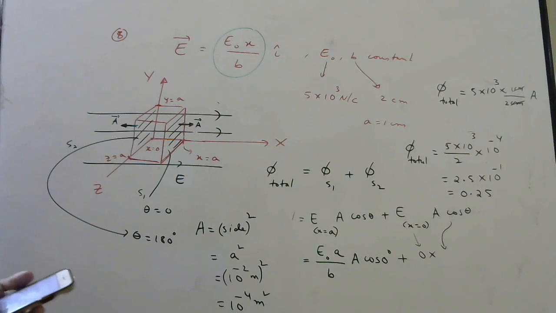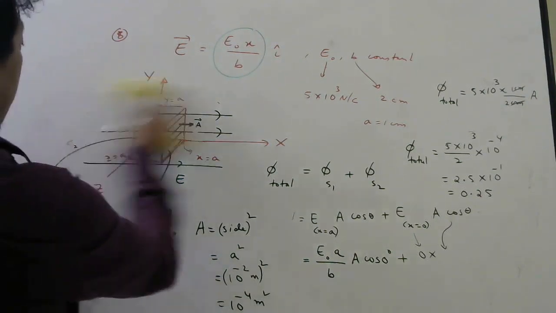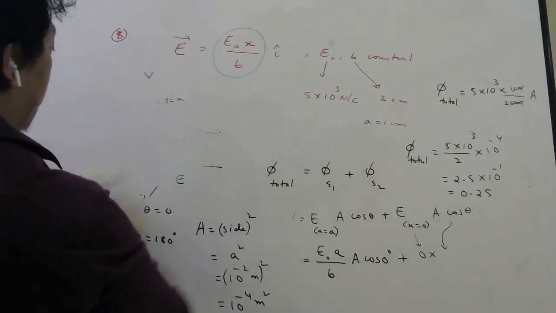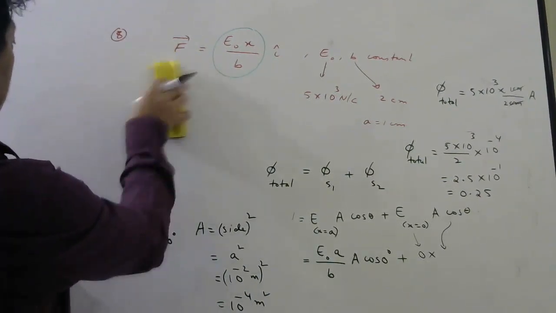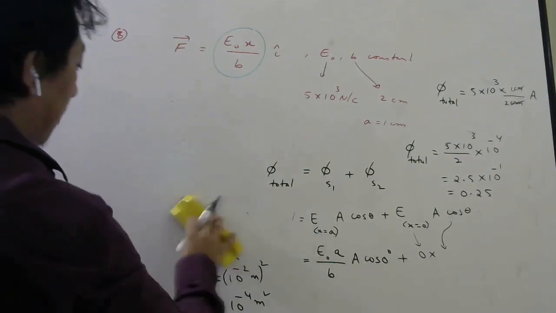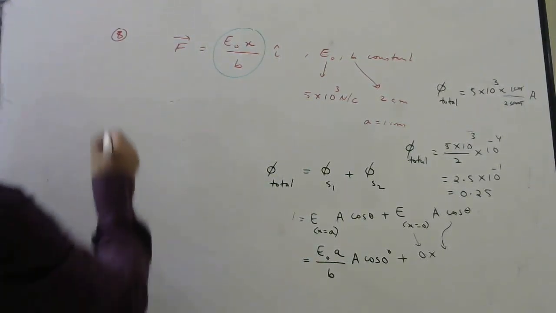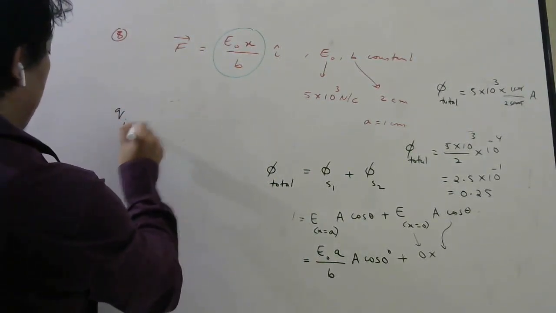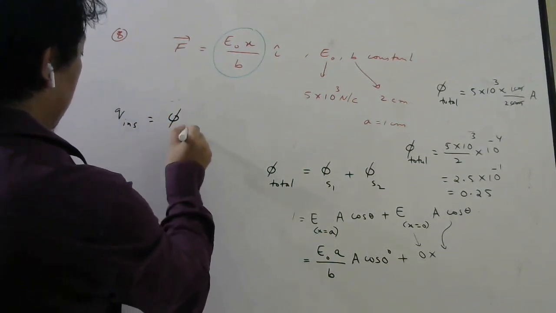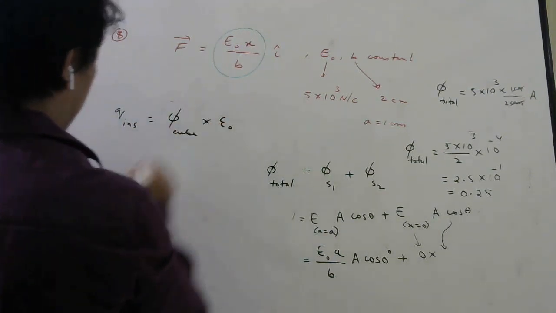The question was to find the charge contained inside the cube. So once we know the total flux through the cube, we can find the charge inside the cube by using Gauss law. So charge inside will be equal to flux through the cube into epsilon naught.